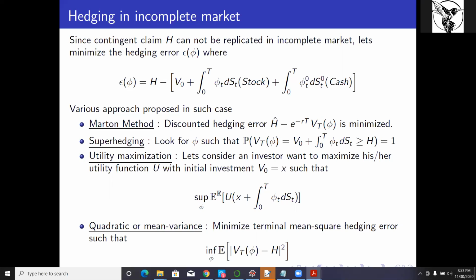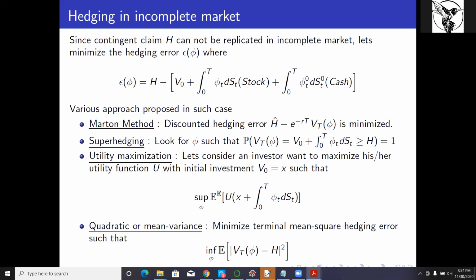In that case, I can find a strategy phi so that the expectation of this value, the initial value plus loss and gain, is maximized. There's a typing mistake here: it will be expectation under Q, under a certain measure P.